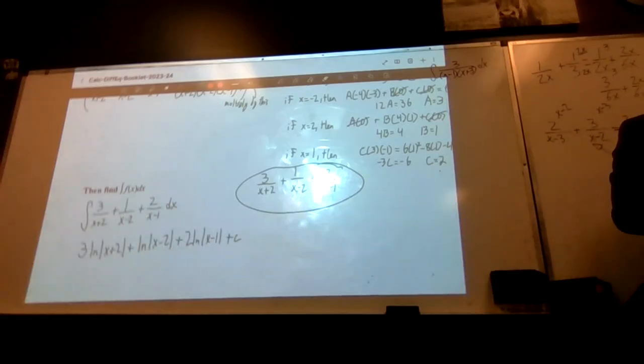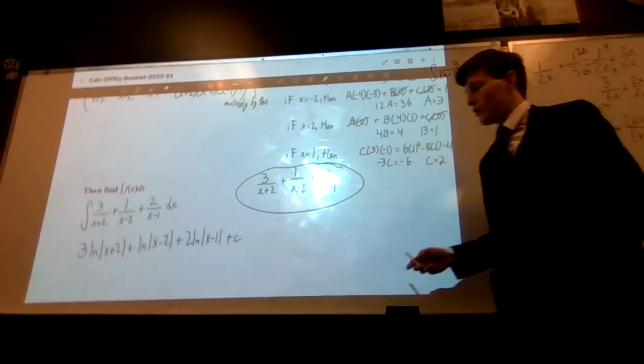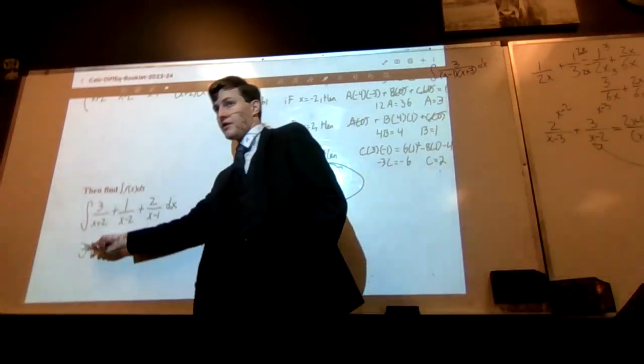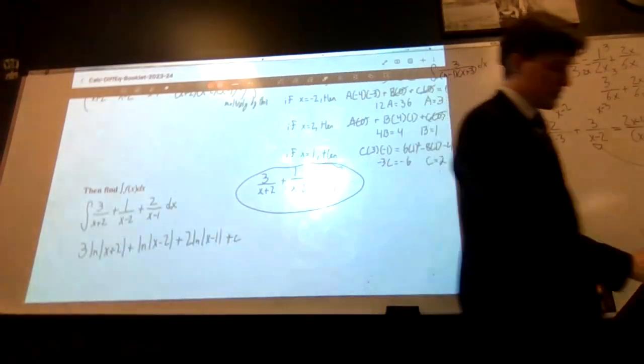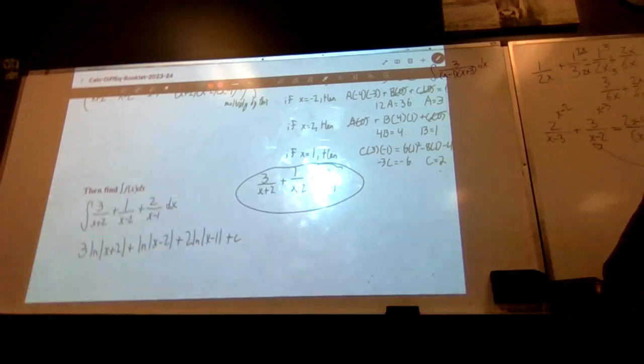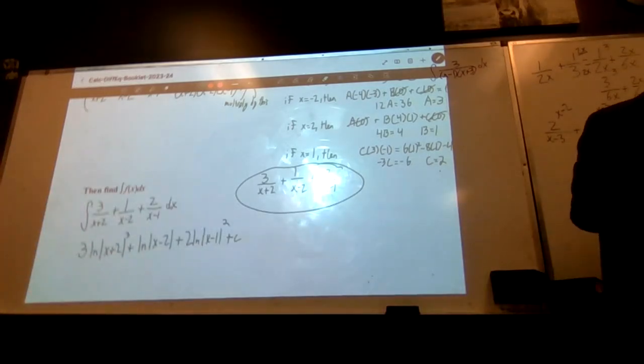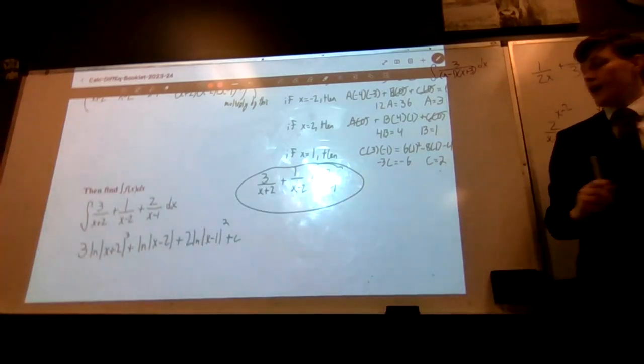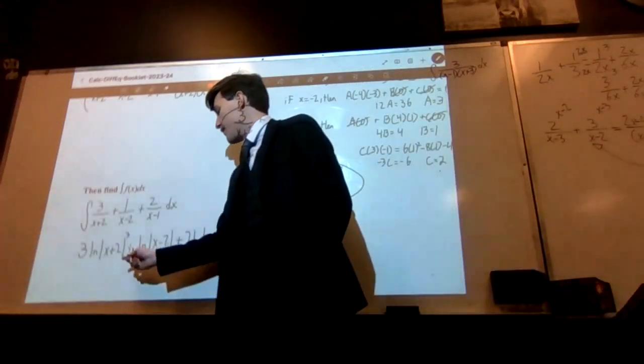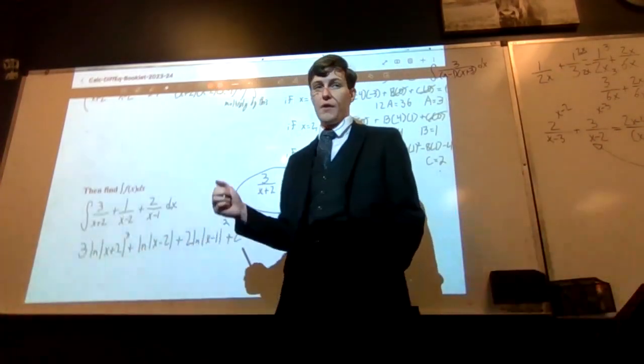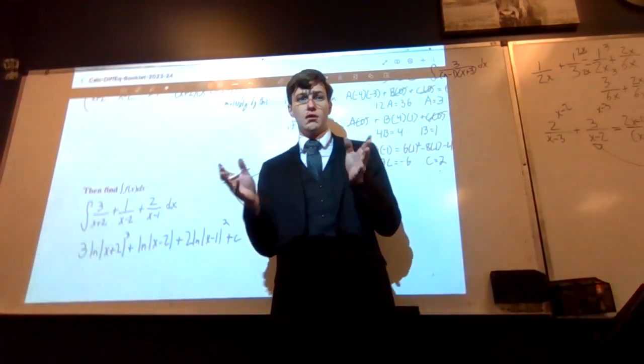And then obviously we have to do our rules. What can I do with the numbers in front of the natural logs? I can bring those to the top. So this becomes cubed. This becomes squared. Okay? And if we are adding these, adding is the same as what for logarithms? Adding is the same as multiplication.